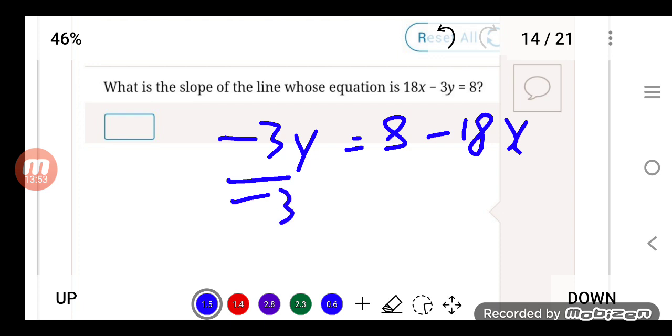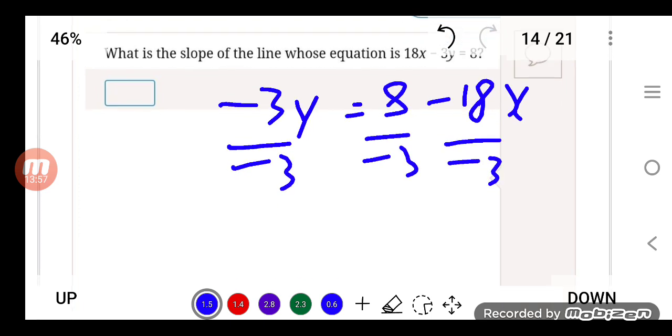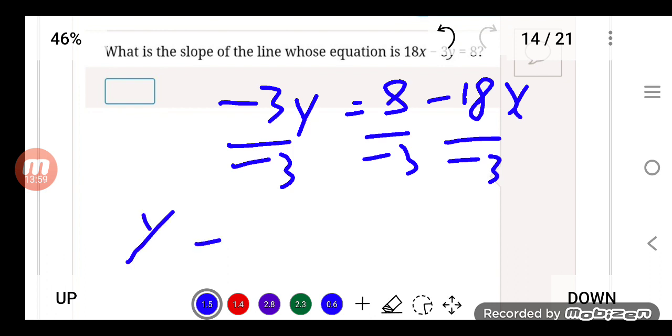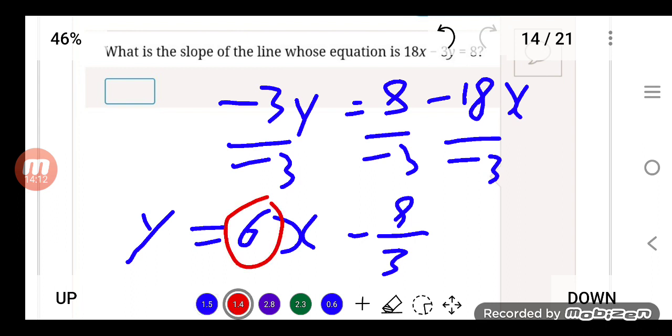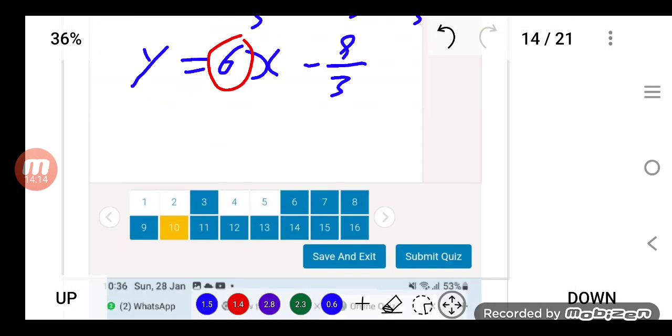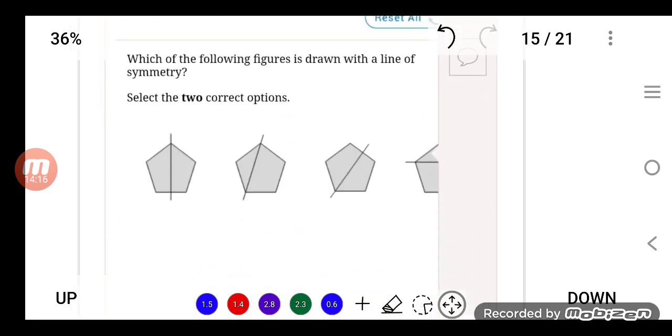So you get y is equal to negative 18 divided by 3, this is 6x, minus 8 over 3, write it as it is. So the slope is the number next to x. Coefficient of x, 6. 6 is the slope.